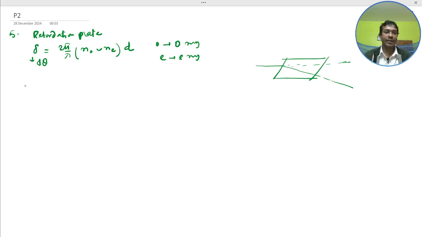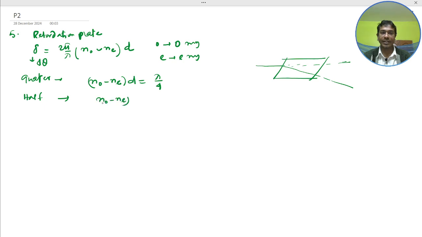For the quarter wave plate, that (n_o - n_e) into d is equal to lambda by 4. And for the half wave plate, that (n_o - n_e) into d is equal to lambda by 2. Next one, the Biot's law.